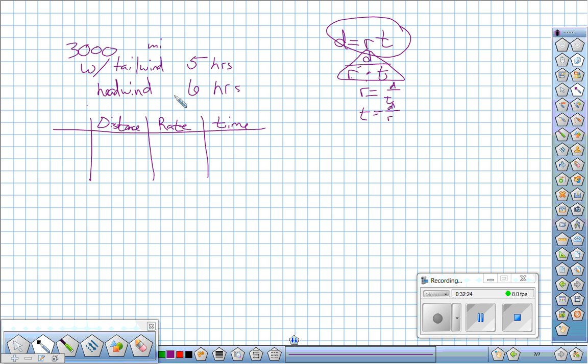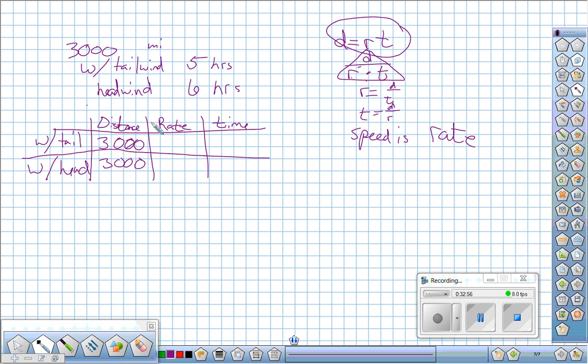When it asks for speed, speed is the rate. Miles per hour, distance is miles, time is the hours. We're going to make two different rows, with tailwind and then with headwind. I'm going the same distance both ways, so that's the same. That's 3,000.